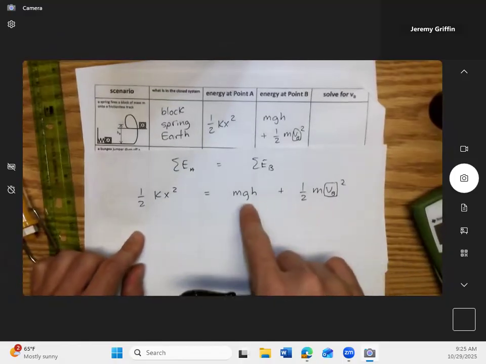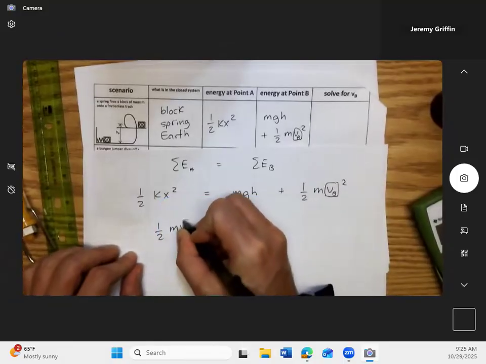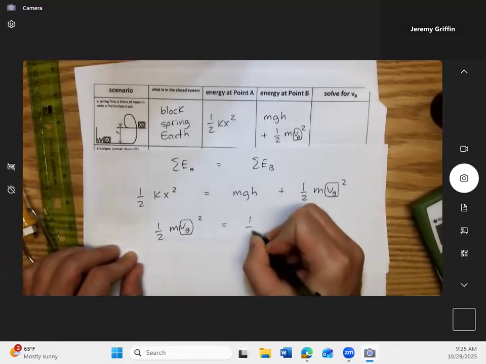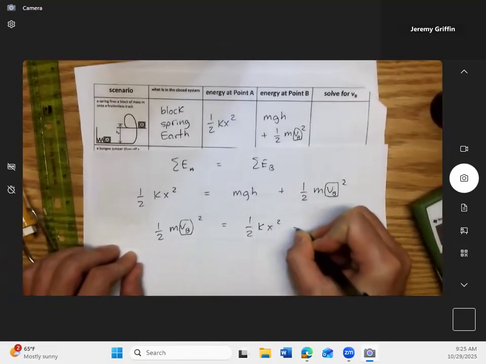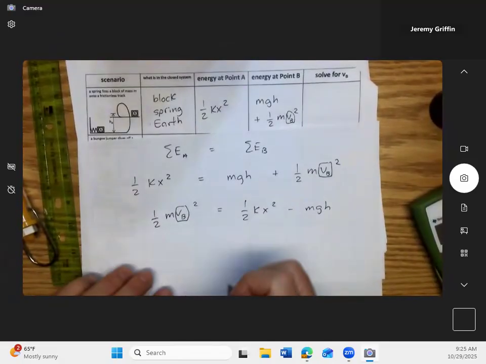Okay, so I think I subtract this over. Then multiply by 2 and divide by mass.